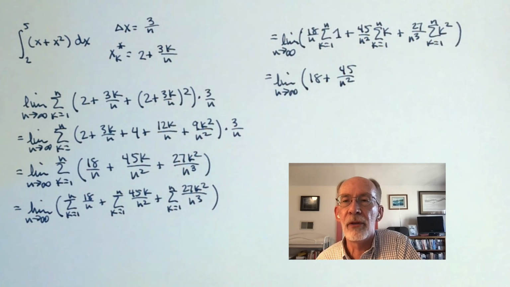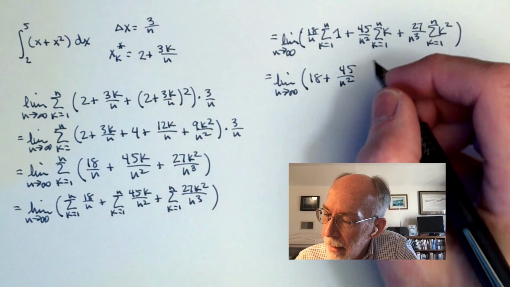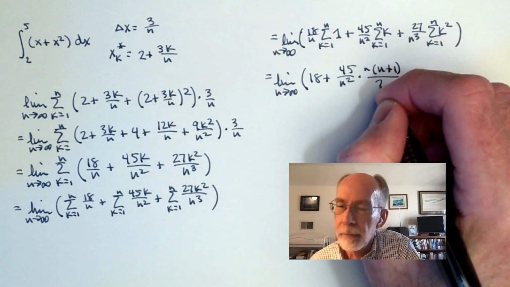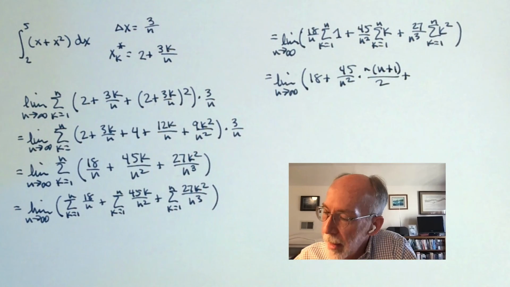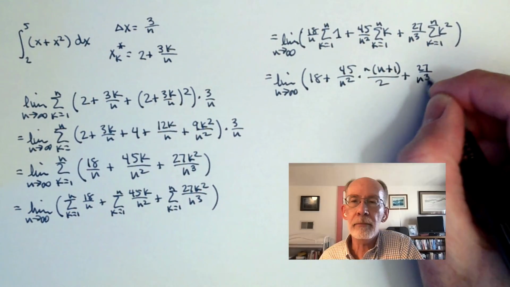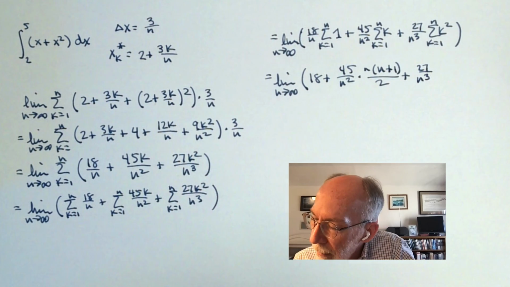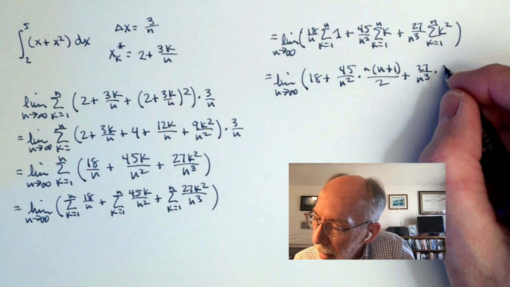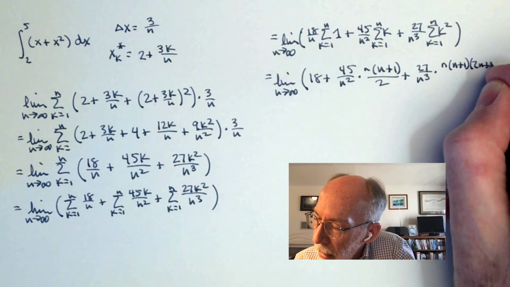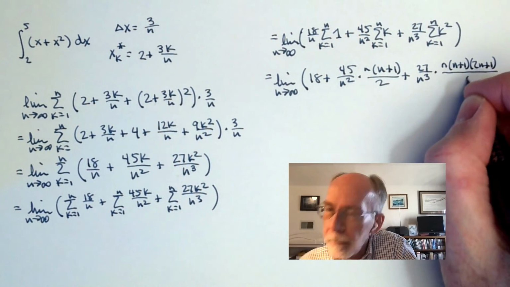The sum k=1 to n of k is n times n plus 1 all over 2. Then we have 27 over n cubed. Sum of the k squares is n times n plus 1 times 2n plus 1 all over 6.